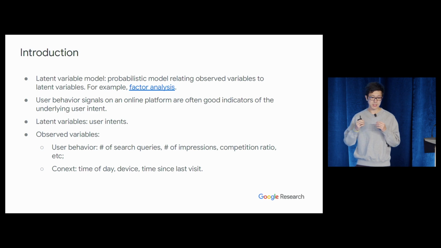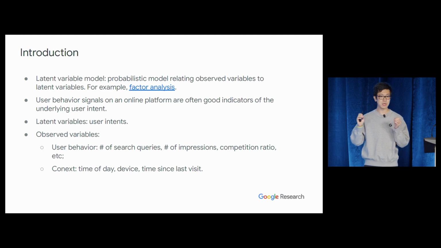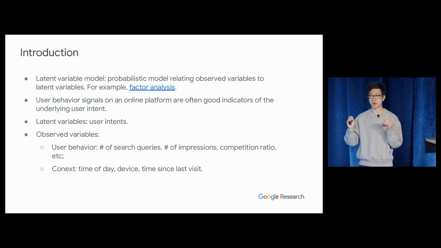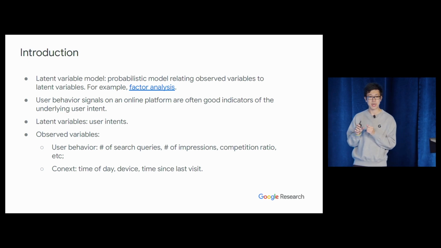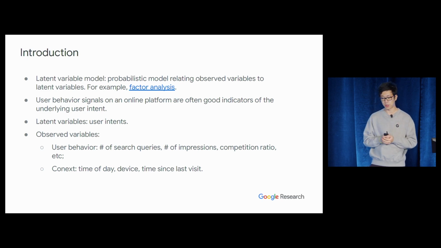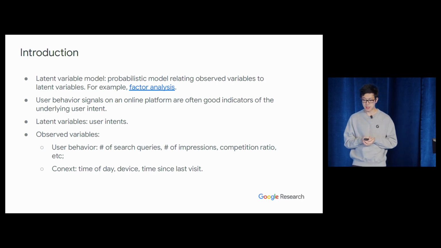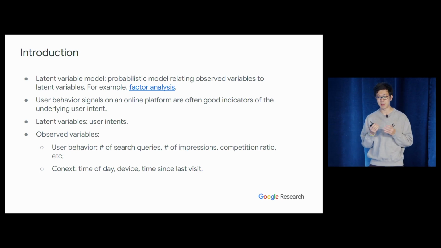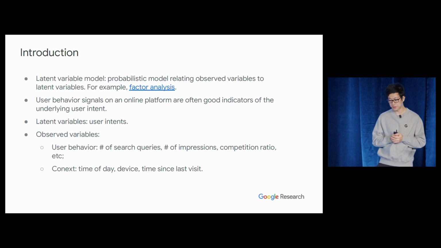Although we have 10 scores observed for each student, underlying those 10 scores there are two numbers dictating the performance on the 10 subjects. So the 10 scores are the observed variables here, whereas the 2 scores are the latent variables. We can infer the latent variables from the observed scores. That's a very simple example of a latent variable model, but on a high level, it's a probabilistic model that can relate some observed variables to some latent variables.